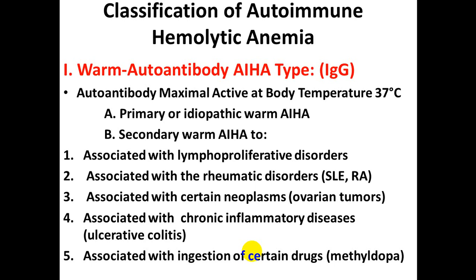Here is an overview of the classification of autoimmune hemolytic anemia. It should be known and kept in mind all the time. Warm reacting autoantibody autoimmune hemolytic anemia type: we said that immunoglobulin G is responsible. The autoantibody is maximally active at body temperature of 37 °C.